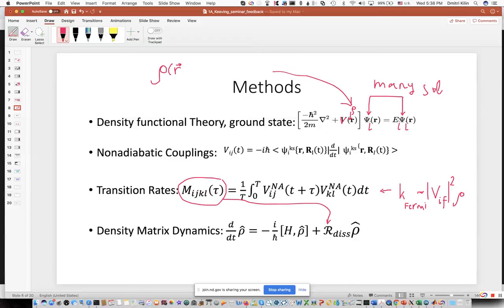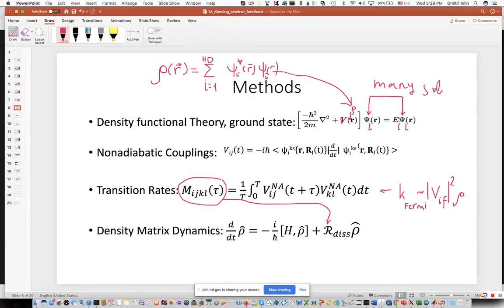So density as a function of position is the summation of orbital i star of r, orbital i of r, and the summation goes from the first orbital to the highest occupied.